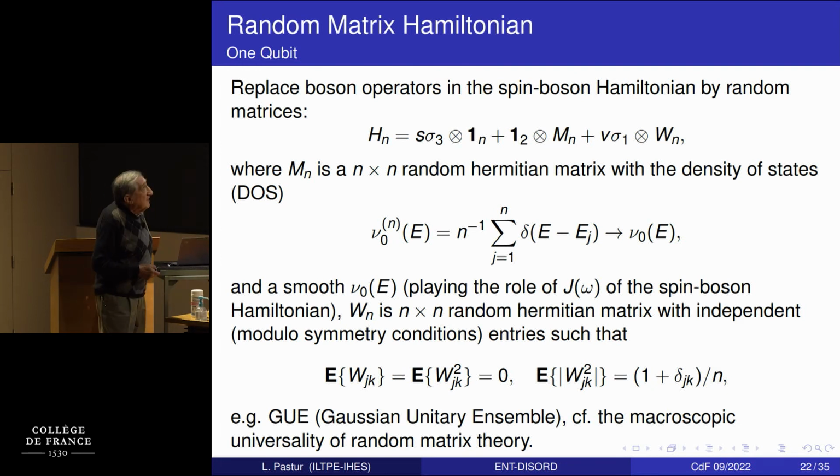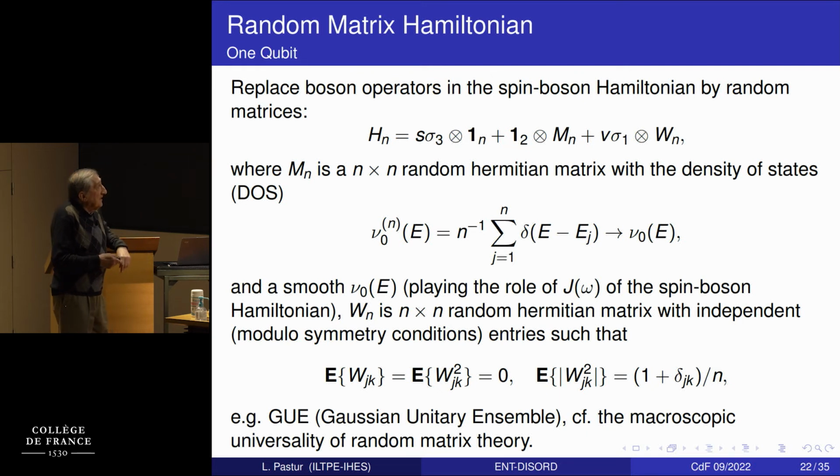Now, as for the interaction, I would like to be a bit more specific. I would assume that it is random, so it is a Hermitian matrix, and modulo Hermiticity, its entries are independent, normalized like that. We have seen this normalization already. The expectation of this and that is 0, and the expectation of that is 1 over n, to have a nice limit.